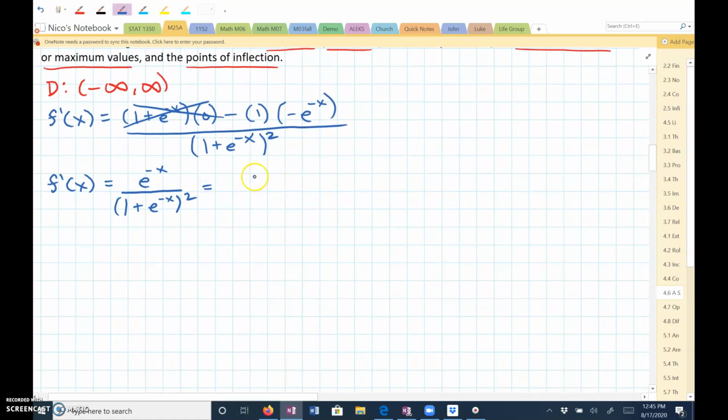So again, we could think of this as being 1 over e to the x all over 1 plus 1 over e to the x, squared. Let's see if there's anything that I could plug in here that would make this equal to 0.